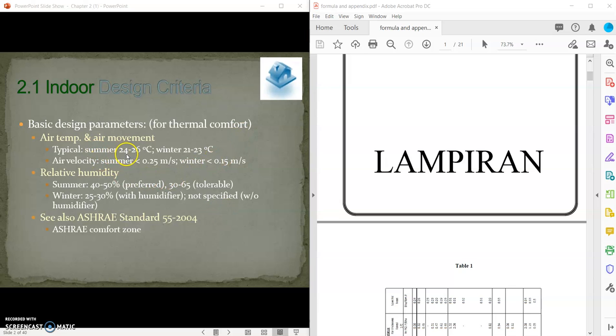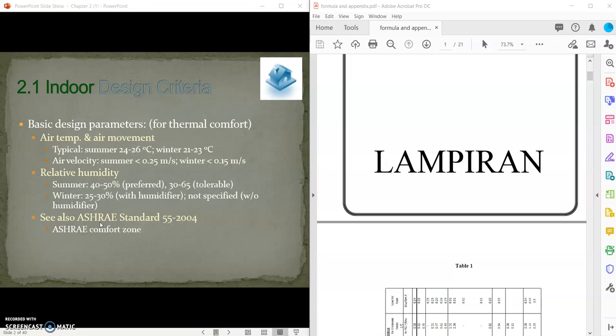We feel more comfortable at 24 to 26 degrees. Less or more than that, we typically are not really comfortable. Winter is 21 to 23 degrees Celsius. Meanwhile, the air velocity for summer is less than 0.25 meter per second, and winter is less than 0.15 meter per second.